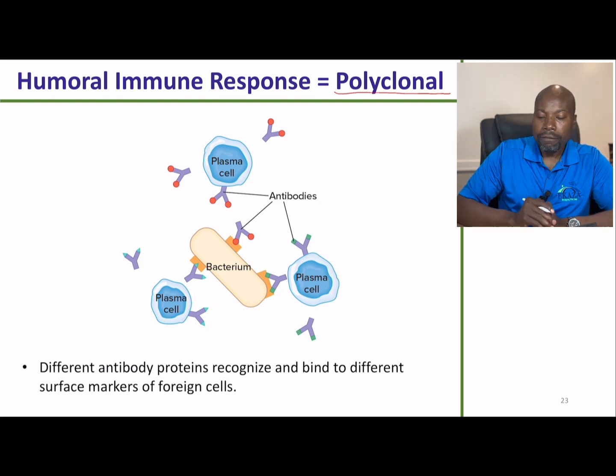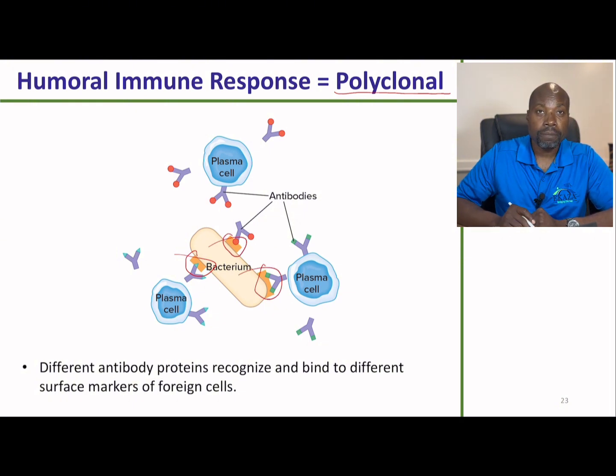So you have some B cells with B cell receptors that are going to recognize some molecules, others are going to recognize other molecules, so that not only one single B cell with B cell receptors is going to exclusively recognize one bacterium. No. You're going to have multiple B cells with different B cell receptors.